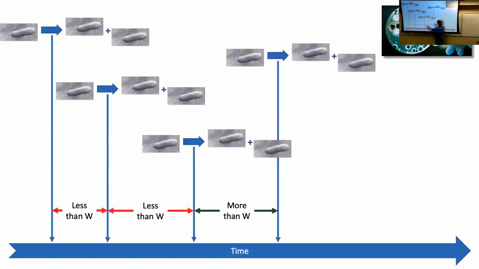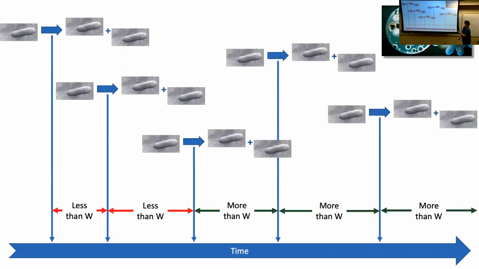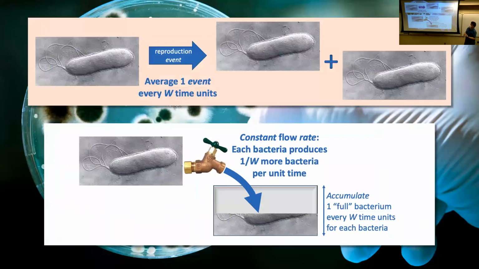Maybe it's some time more than W. So in real situations, we get these random trajectories with doubling events, where the spacing between doublings is sometimes more than W, sometimes less than W, but on average a doubling happens every W time units. We're going to take that average perspective and ask what the average population does. On average, every W time units, 1 becomes 2.